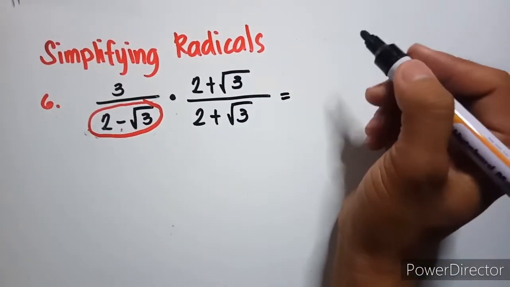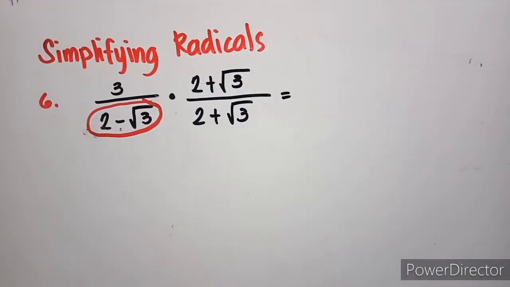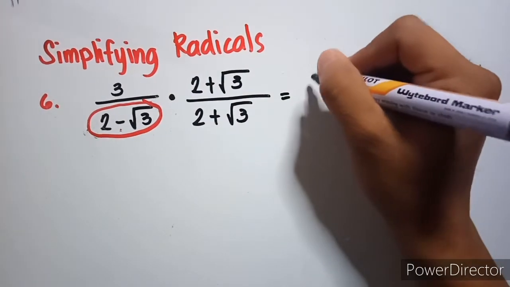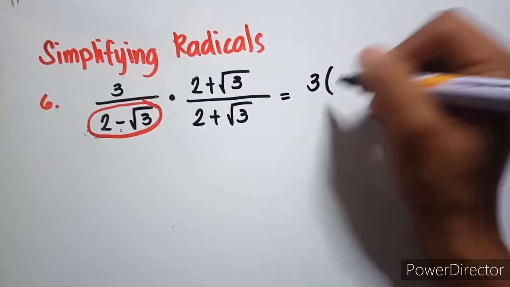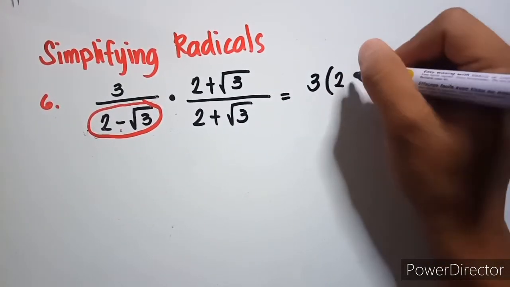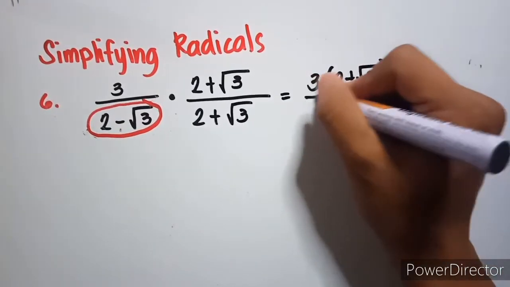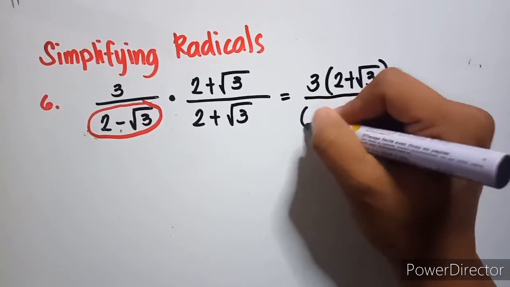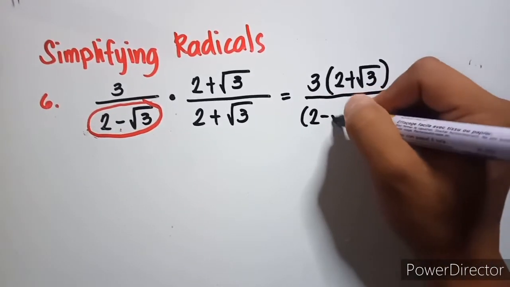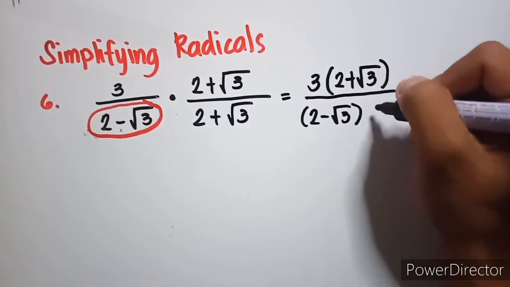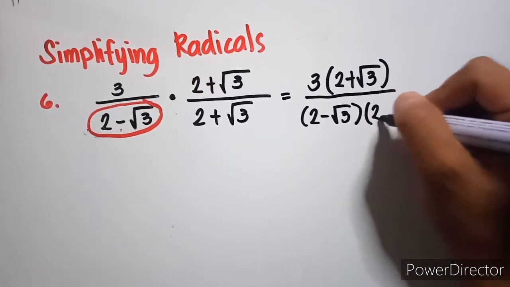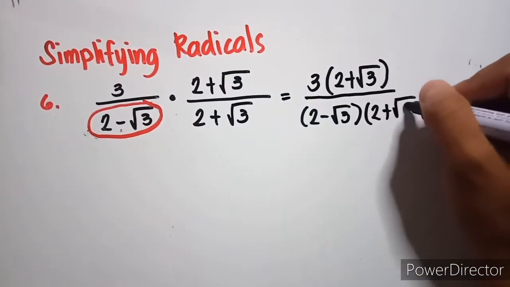Then, sa ating numerator, so this will become 3 times 2 plus square root of 3 over 2 minus square root of 3 times 2 plus square root of 3.